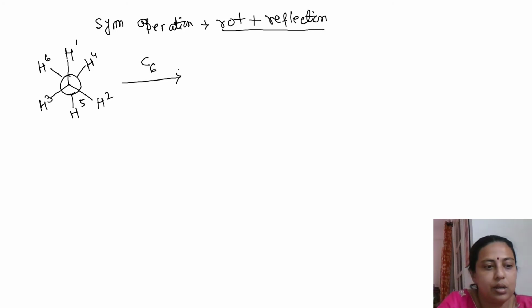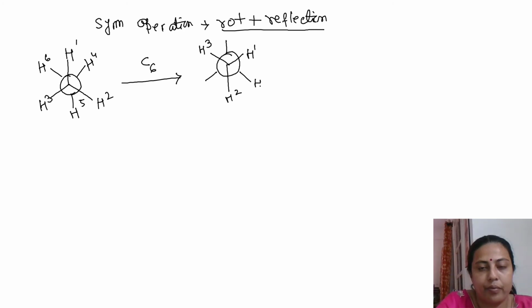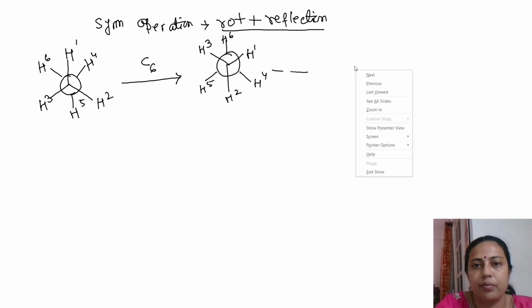Let me do a C6 operation. So I'm doing a C6 operation, where the C6 axis is passing through C1 and C2. Then I'm doing a sigma perpendicular to C6.